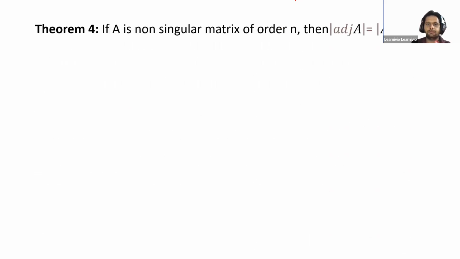Next is: if A is a non-singular matrix of order n, then the determinant of adjoint of A is equal to determinant of A to the power n minus 1. First of all, what is the adjoint of a matrix?